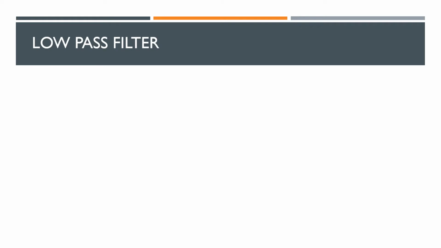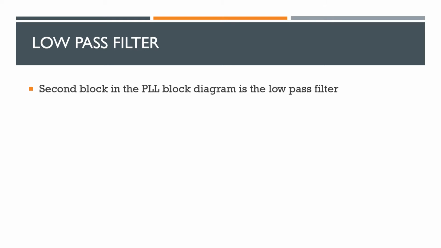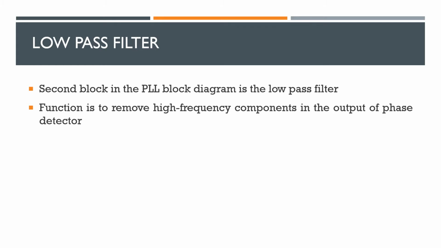A low pass filter is used in a phase lock loop. And this is the second block in the PLL block diagram, which is a low pass filter. The function of this low pass filter is to remove high frequency components in the output of the phase detector, and also to remove the high frequency noise components.